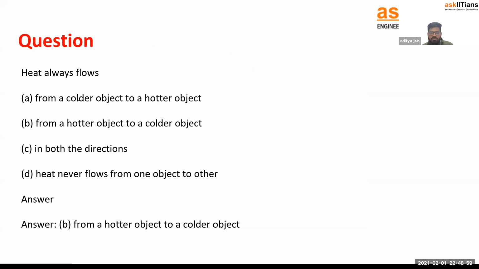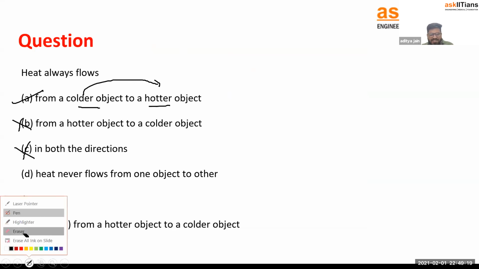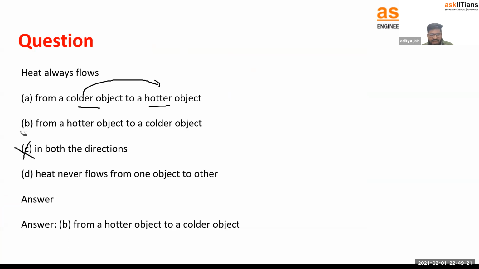Heat always flows. Four options are given. From a colder object to a hotter object? From a hotter to a colder? No. In both the directions? No. Always from colder to hotter. Yes, so that's a bluff, guys. What will be the correct answer?